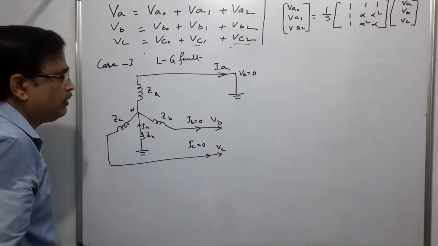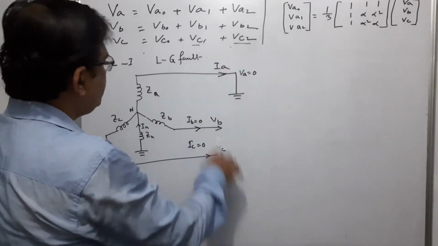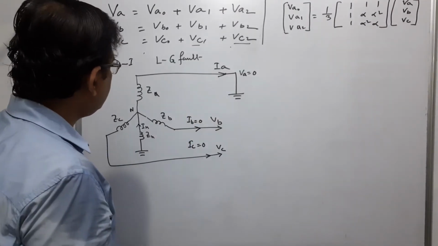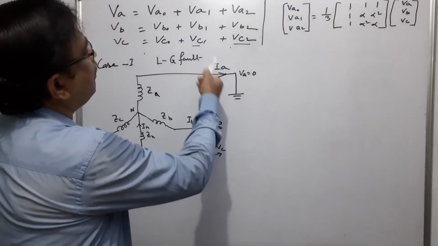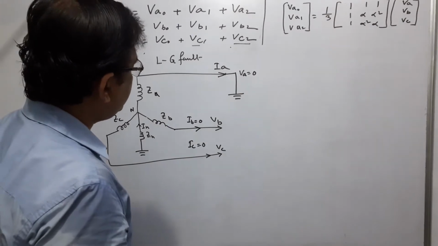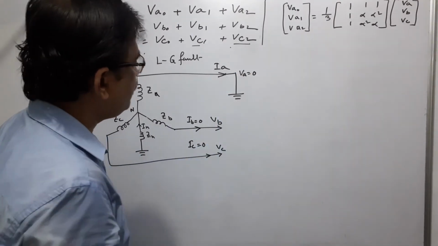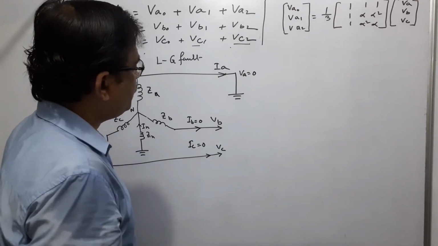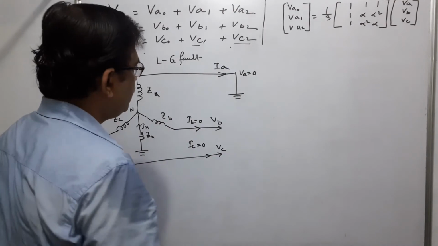Now we will see what will happen if this type of fault occurs, and what the different phase voltage conditions VA, VB, VC will be. We know that VA will be 0, and we have to find out the values of VB and VC.